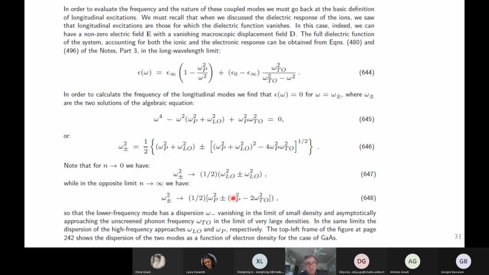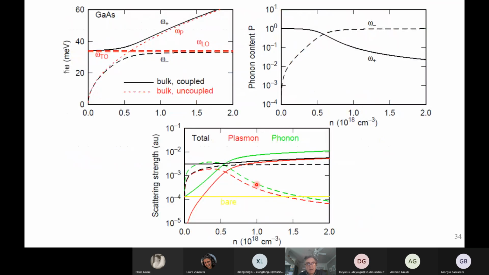We have two branches now, very separate. One is essentially a plasmon-like frequency, and one is the frequency of the transverse optical phonon. I show it here. These are the two solutions. The red ones will be the TO and LO frequencies. Again, they're split. Remember the Lyddane-Sachs-Teller relationship.